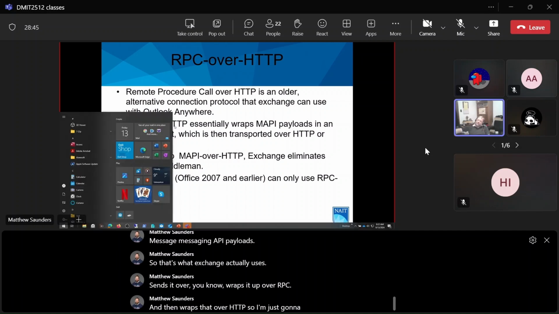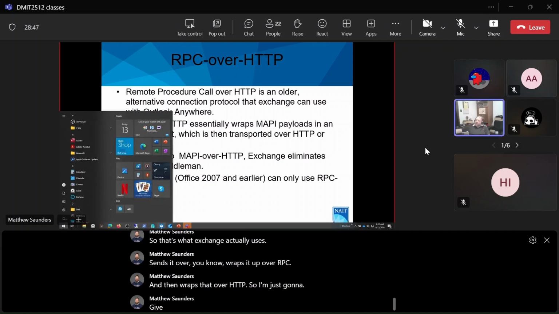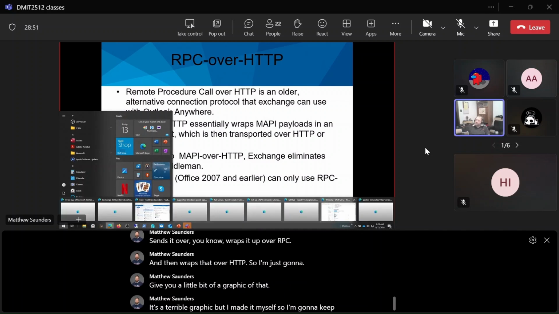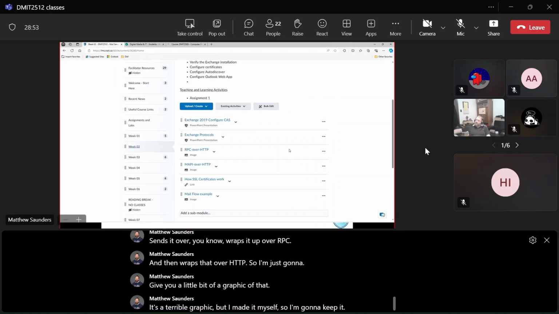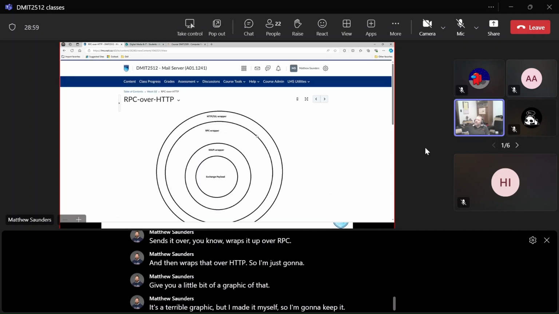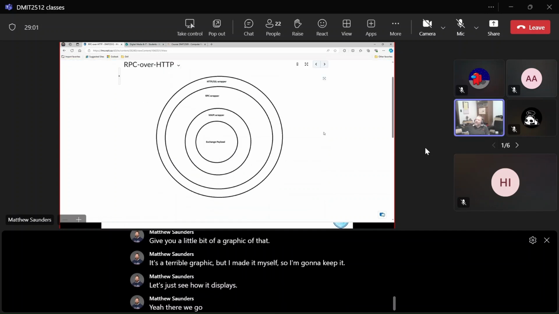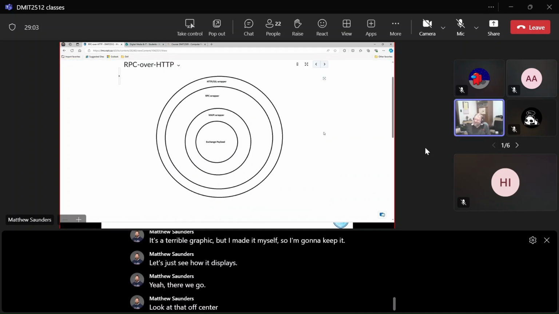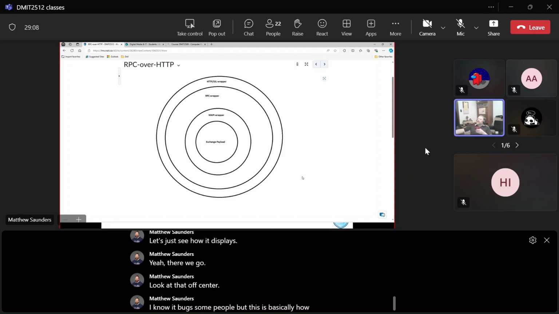I'm going to give you a little bit of a graphic of that. It's a terrible graphic, but I made it myself, so I'm going to keep it. Let's see how it displays. There we go, look at that, off center. I know it bugs some people, but this is basically how it works.